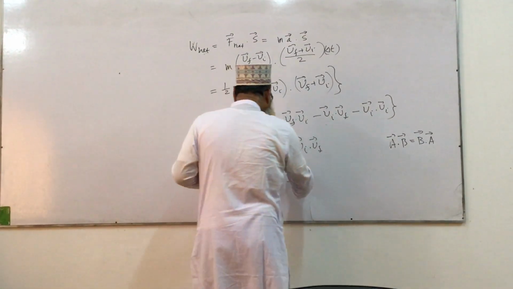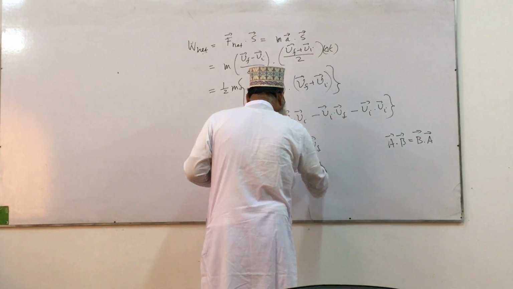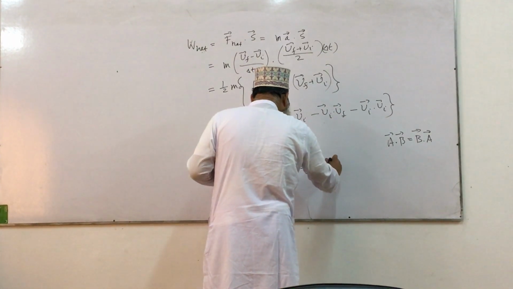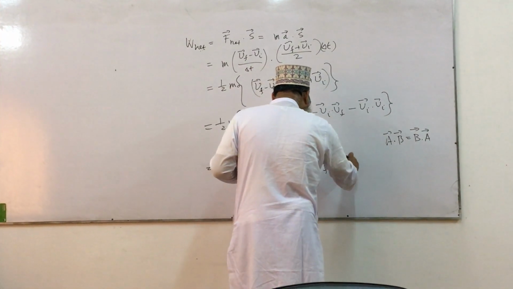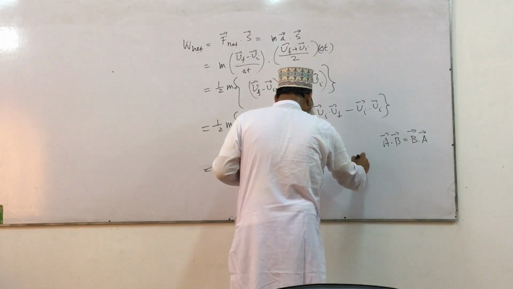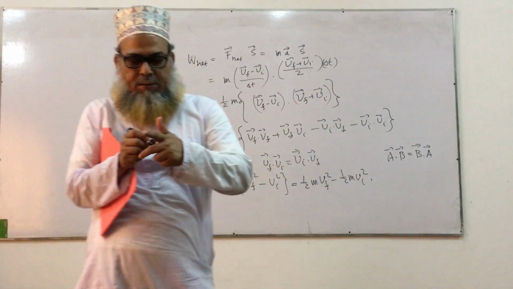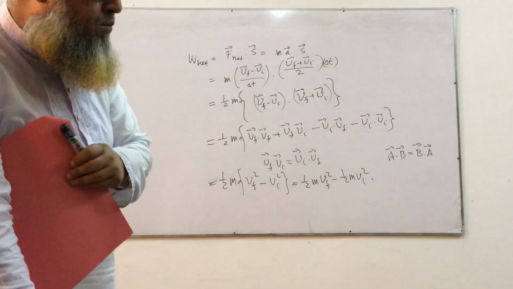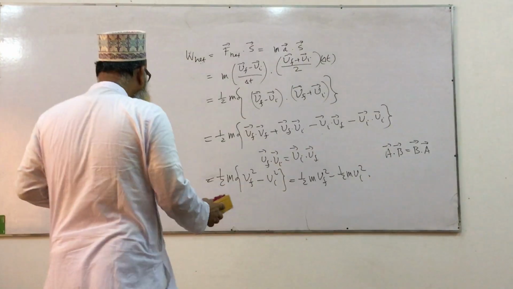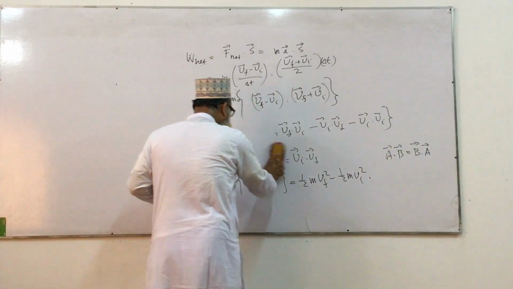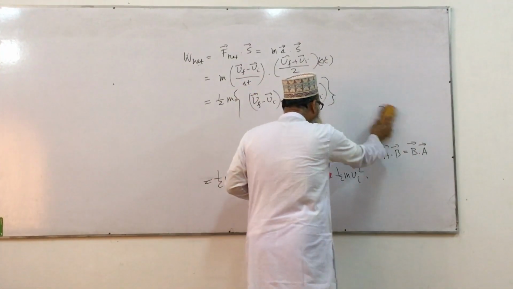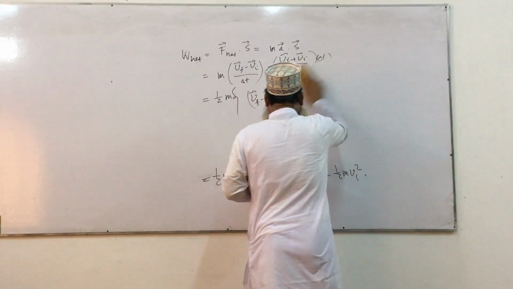So it equals half M Vf square minus half M Vi square. This is the work done by the constant force F net on the body of mass M.